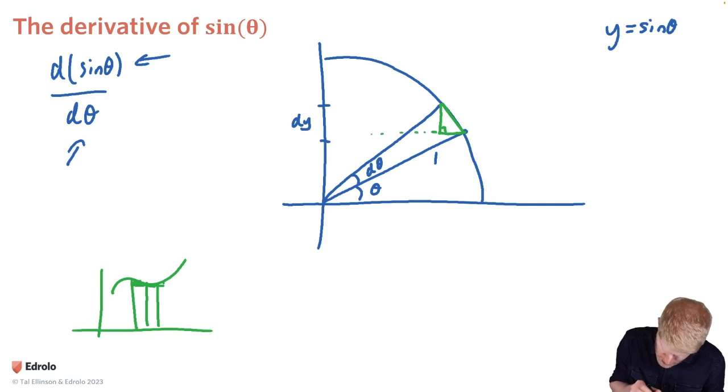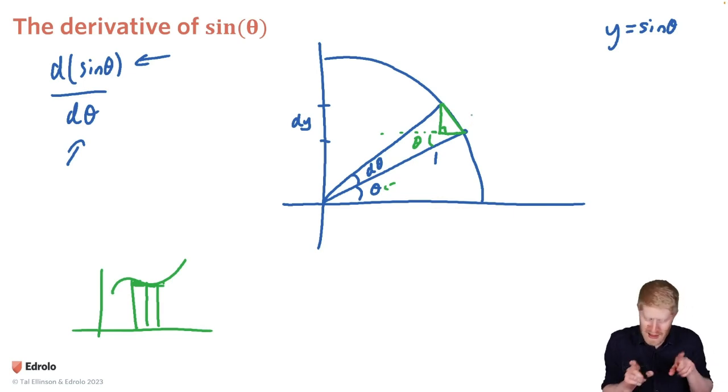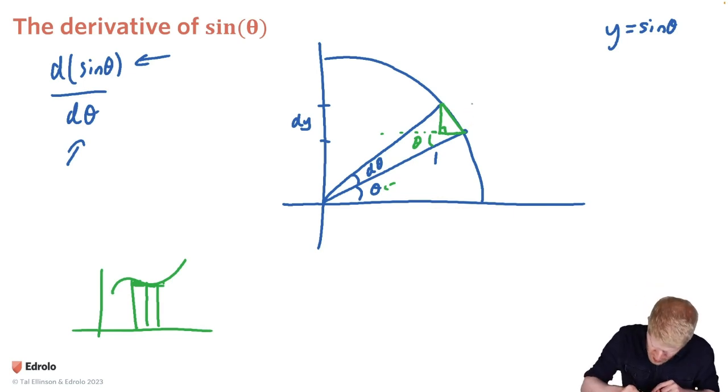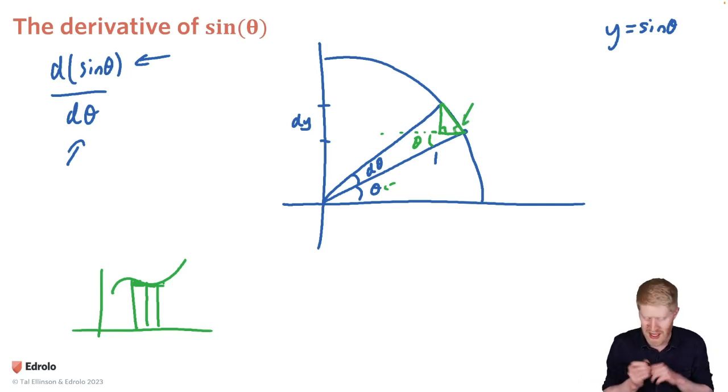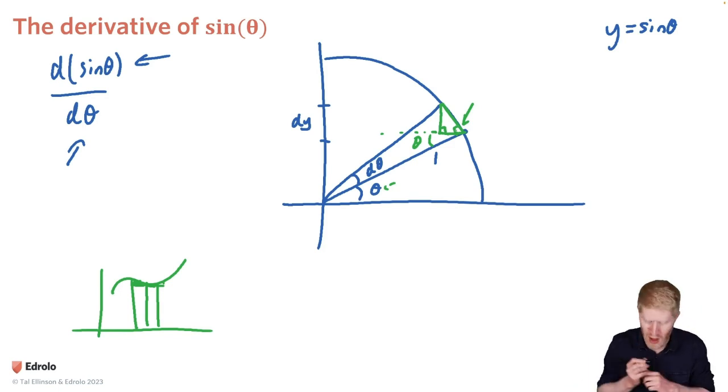Okay, I'm going to draw a dotted line over here, and using alternate angles from Year 10 maths, we can say if there's a theta over here, theta is going to have to exist there as well. And the other thing is that as d theta gets really small, in this little corner here, we're going to have a right angle, right? That's going to get closer and closer to a right angle. That's from the curve down to the blue line.